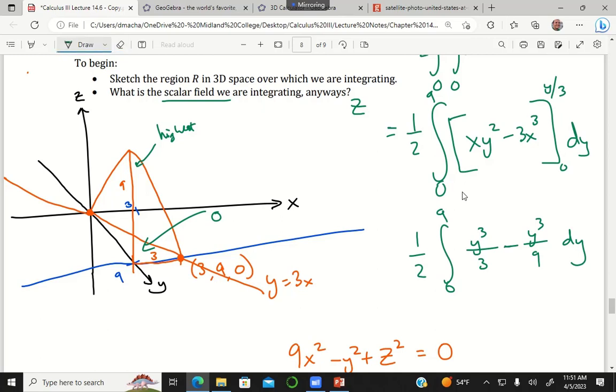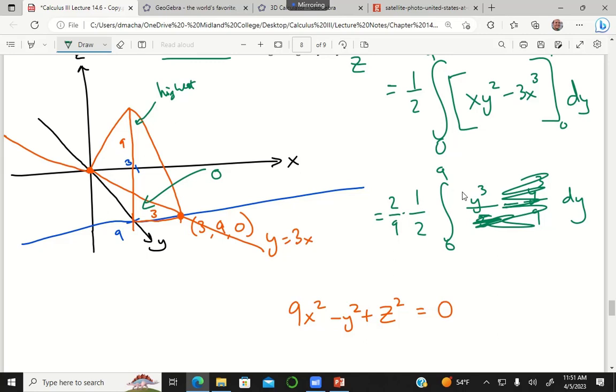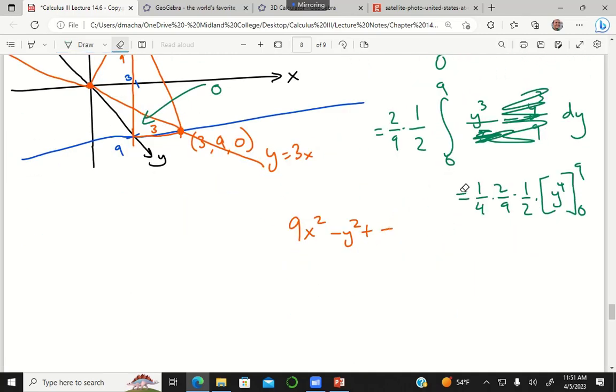So I'll go ahead and put that out front. And then all I have to worry about is the antiderivative of y cubed, which is going to give me a 1 over 4. And then the antiderivative will be y to the 4th, evaluated at 0 and 9. And so 9 to the 4th power is really a large number.